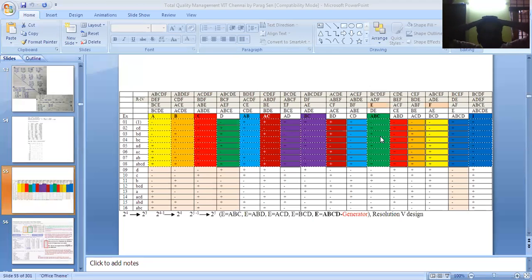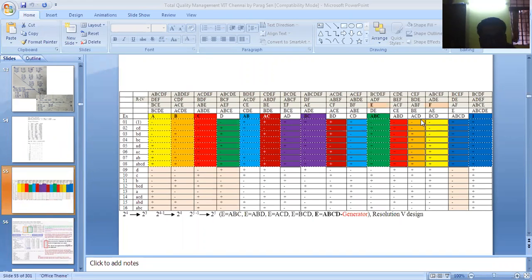So you can say that it is confounding with ABC, C is confounding with ABD, D is confounding with ACD, just like that.